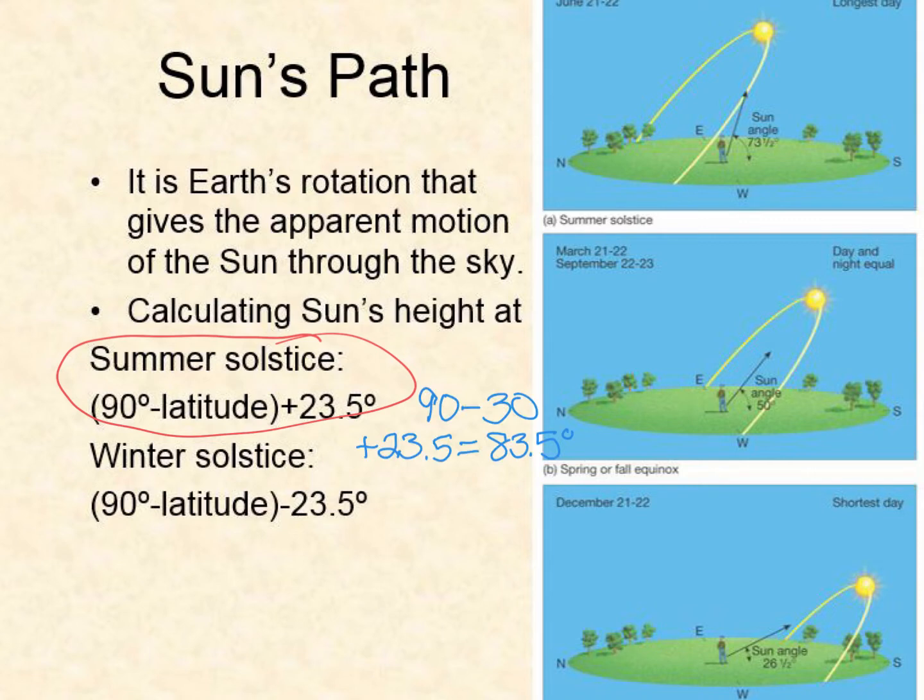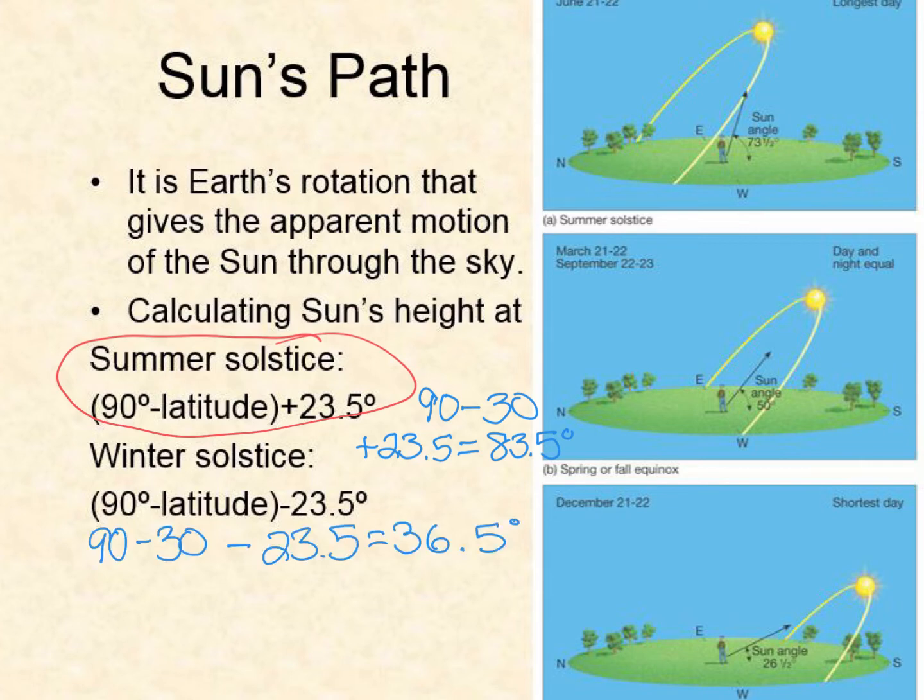For us in Pensacola, 90 minus 30 is 60, then plus 23.5 would be 83.5 degrees in the summer. So the sun is not 90 degrees up directly overhead, but it's pretty close.